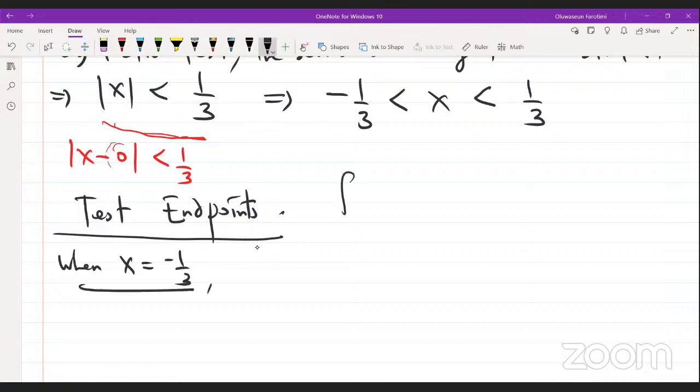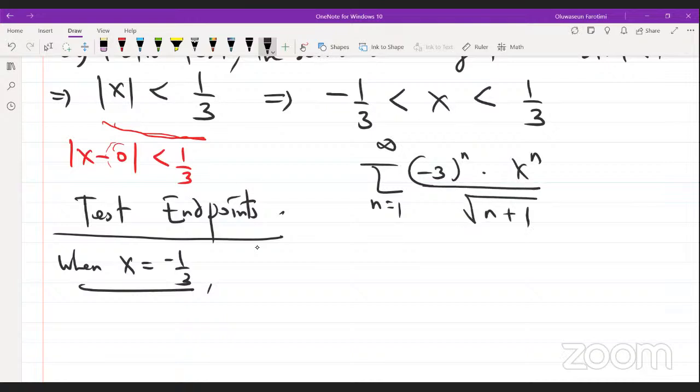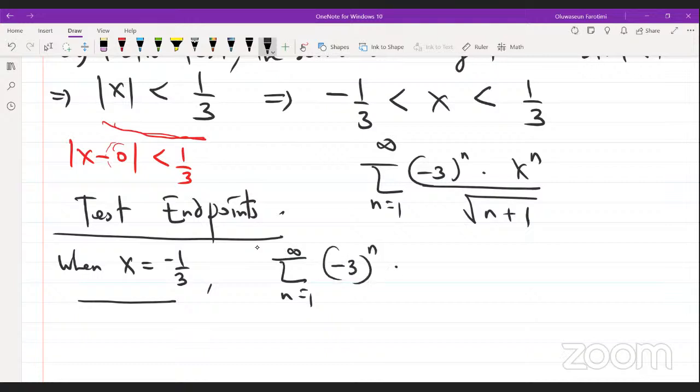That means, remember, my series is actually something like this. Let me pick it up. When x is -1/3, what happens? Just plug it in. You have this, divided by square root of n plus 1.